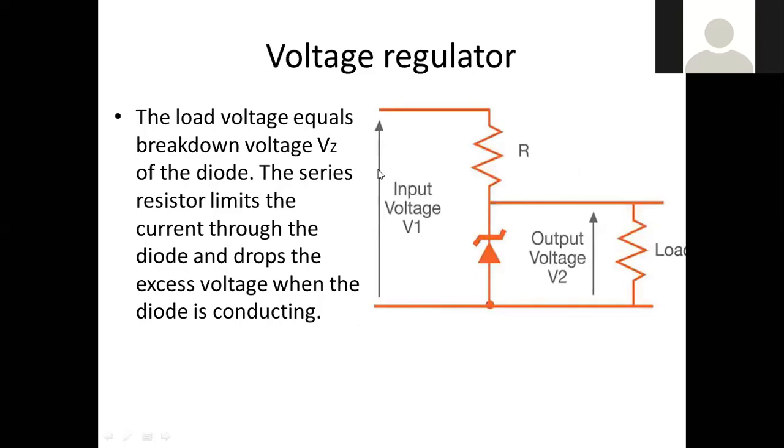When the input voltage equals the Zener voltage of the diode, the series resistor limits the current through the diode and drops the excess voltage.